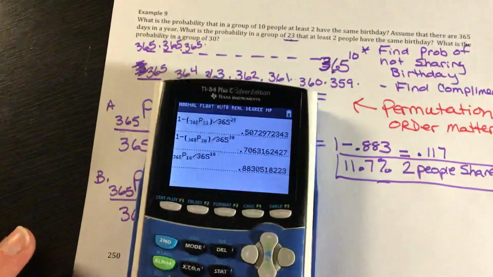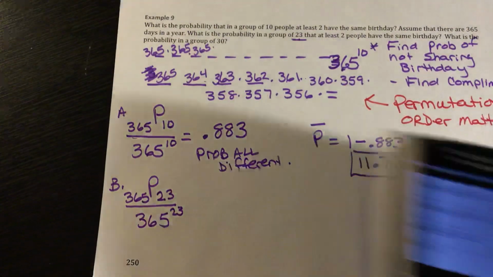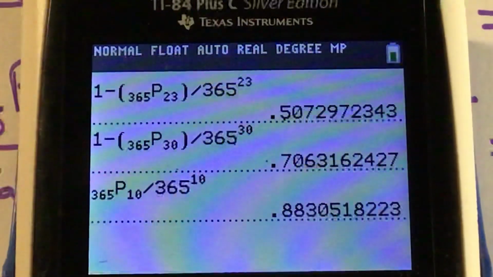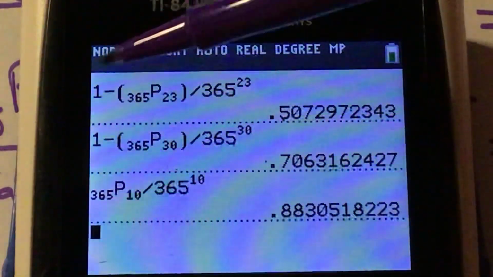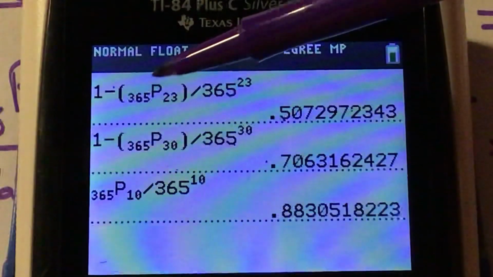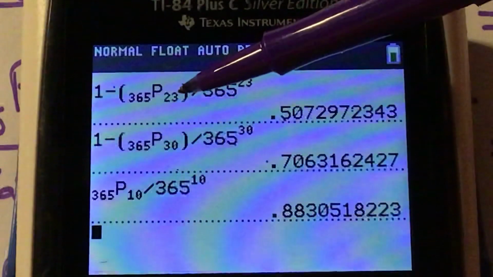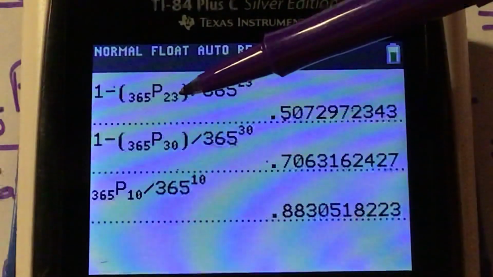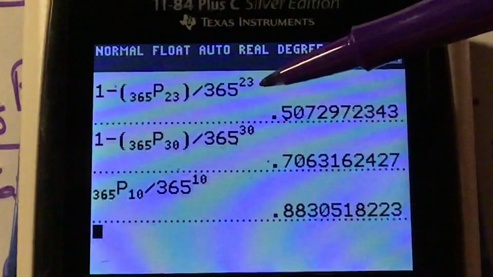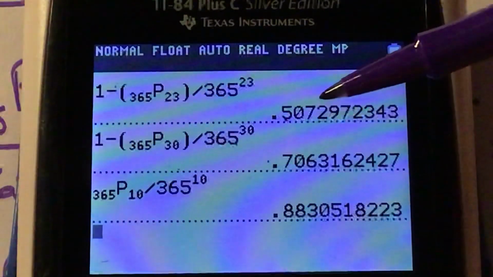Because I want the complement of this, I started with 1 minus. This shows that I want the complement, and I want a permutation of 365 and 23, order matters, and I'm dividing it by 365 to the 23rd power, and I get 0.507.